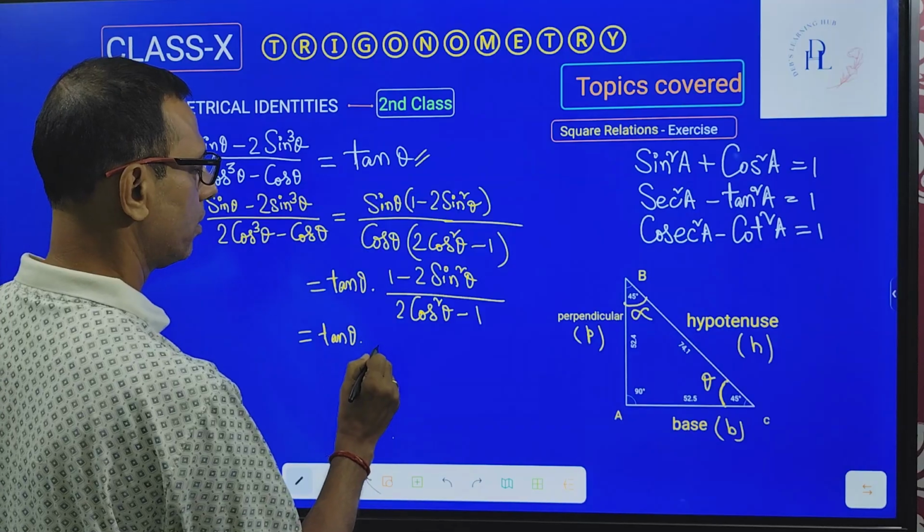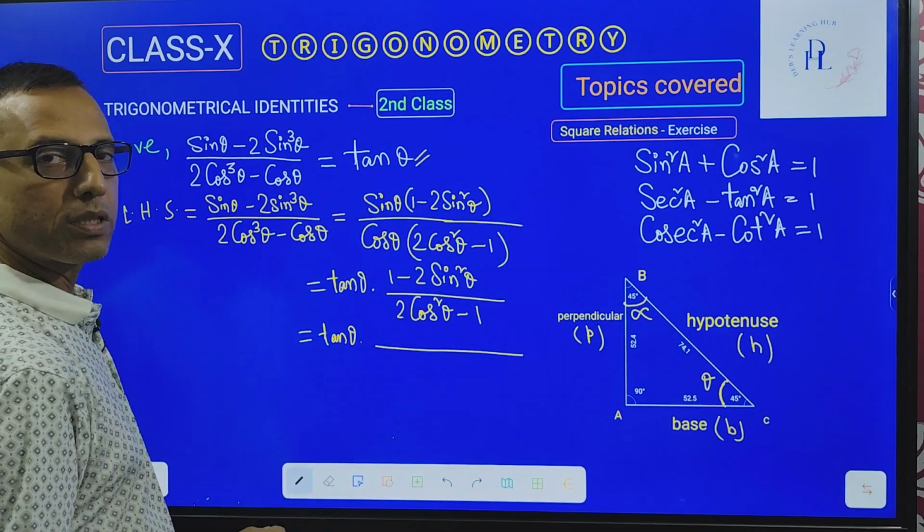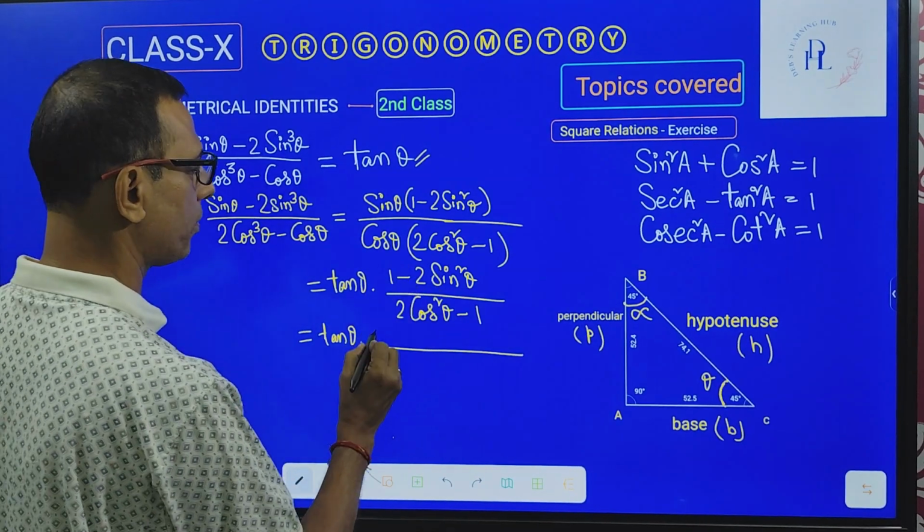So how can you do that? What you can do: 1 minus sin square theta equals cos square theta. Or you can write it down like this.